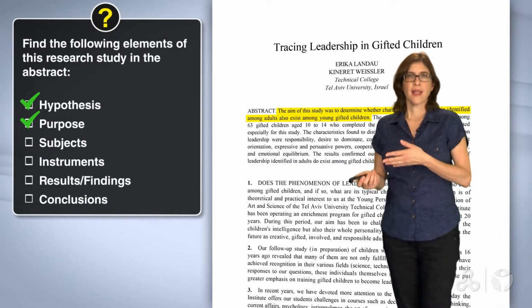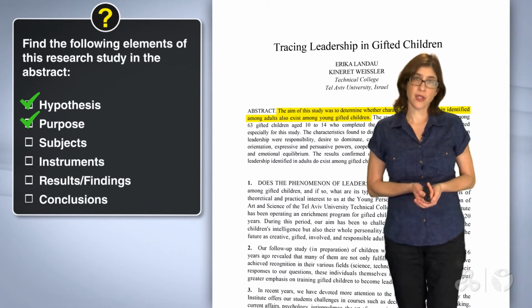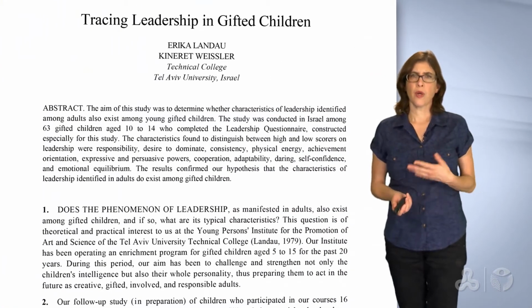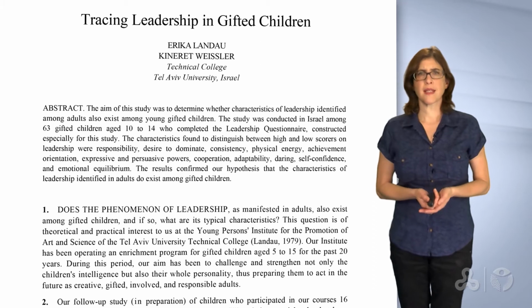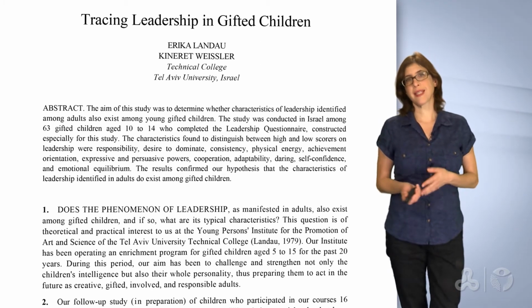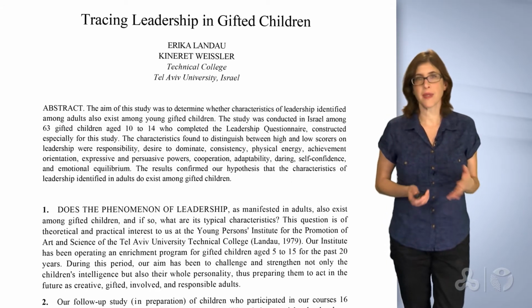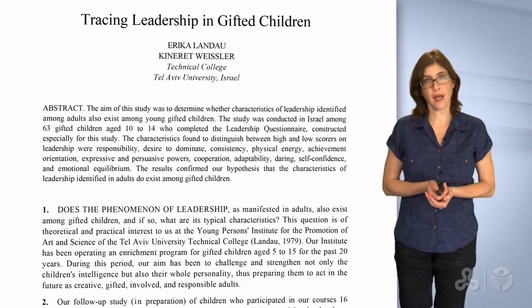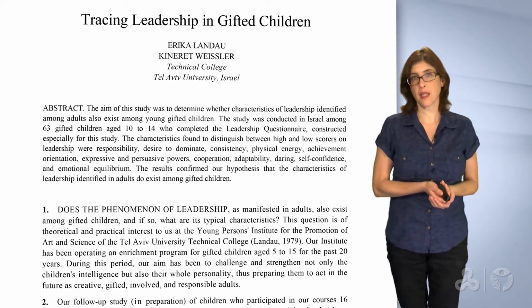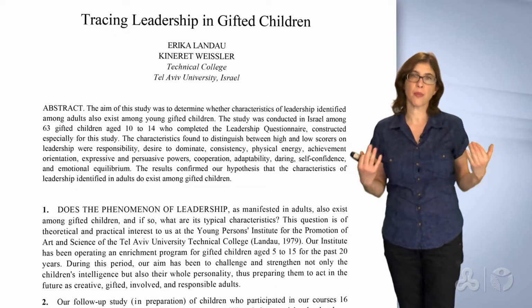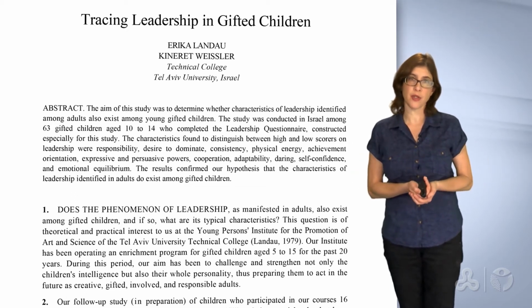Now, let's go on to see who the subjects were. We already saw from the title that this text is about gifted children. So we're going to look for the words gifted children or something similar. Also remember that to answer correctly a question about the subjects of a study, you must find and include in your answer all the important details about the subjects.